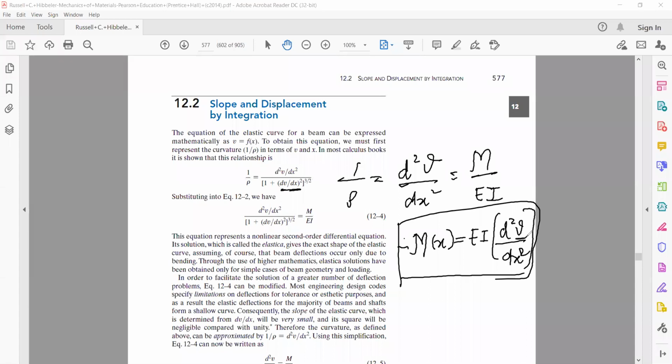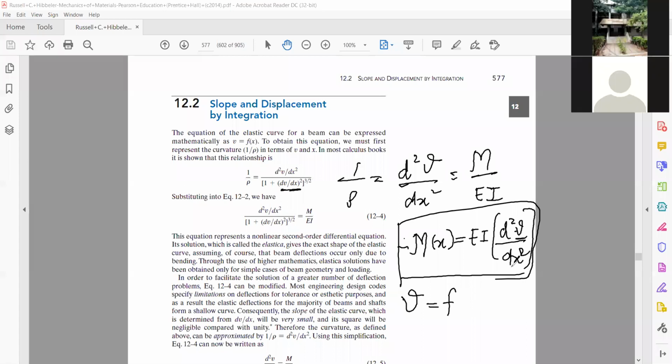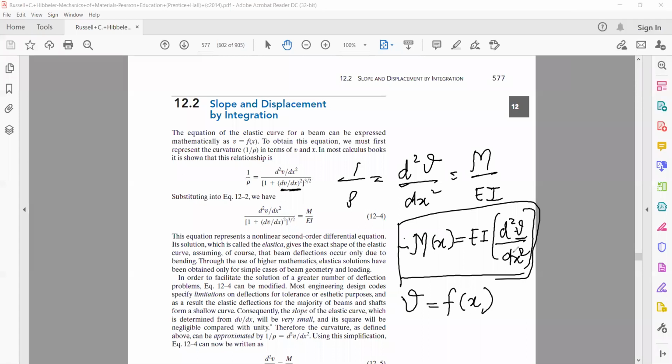We have to find how nu is a function of x, and nu as a function of x can only be obtained once we solve this equation. M will be known to us, E is known to us, I is known to us. Then using integration methods, we can calculate the value of the deflection nu.